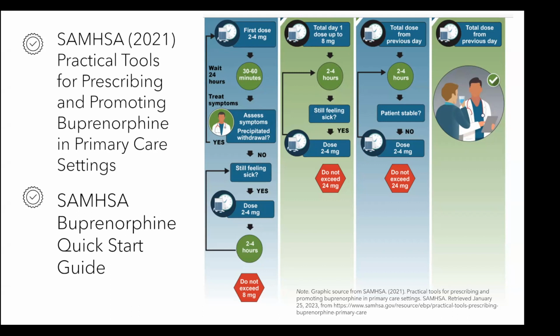I know that there are other types of inductions that are now emerging. In my resources, I have listed a systematic review on these different types of microinductions, which are shown to be beneficial in reducing precipitated withdrawal and alleviating some of the barriers to having to be in withdrawal to initiate buprenorphine.